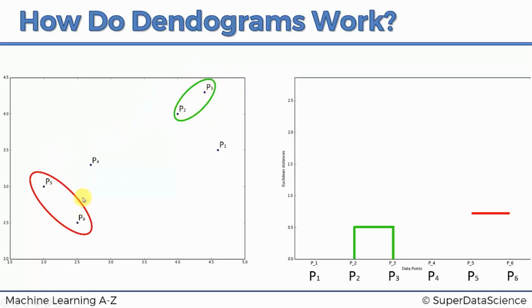We would have put P5 and P6 in one cluster. Remember, we're always looking for the closest, and then we're moving on to the next step. So P2 and P3 were the closest, and that's why this distance is such. P5 and P6 are further apart from each other than P2 and P3, so the distance has to be greater. And that's why we're going to show that on the dendrogram. You can see that this bar is set higher.